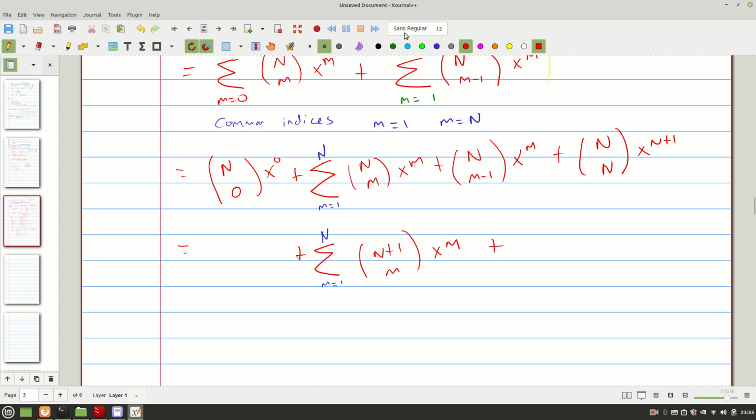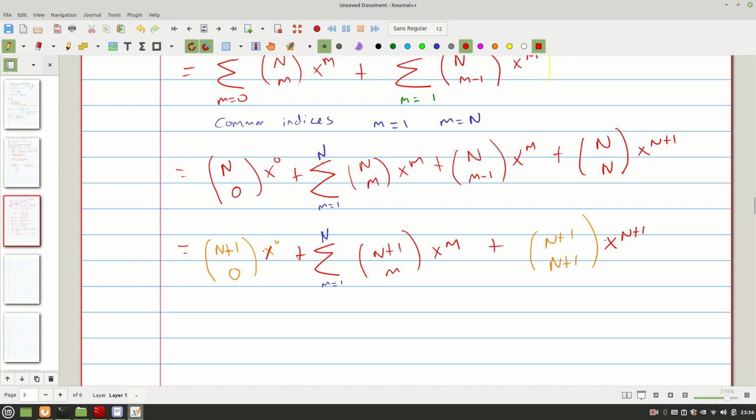here with n choose 0, what we can do is rewrite this as n plus 1 choose 0 of x to the 0, because n plus 1 choose 0 and n choose 0 are actually the same thing, which boils down to 1 anyway. And n choose n is also the same as n plus 1 choose n plus 1, of x to the n plus 1.